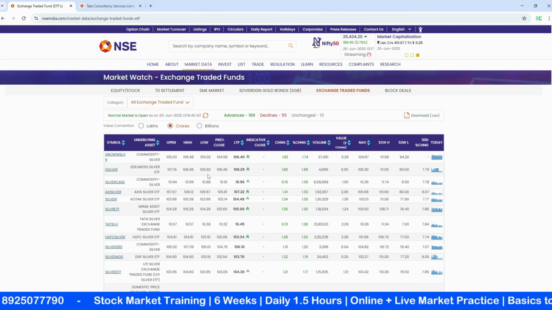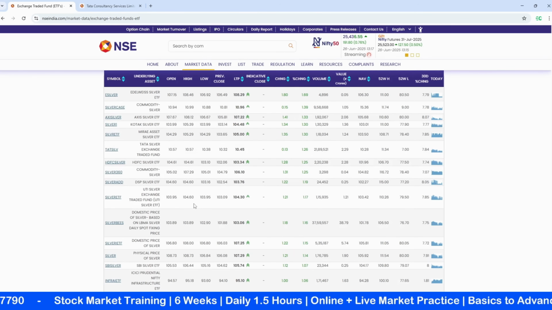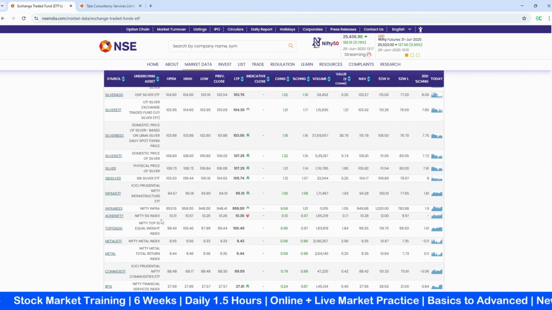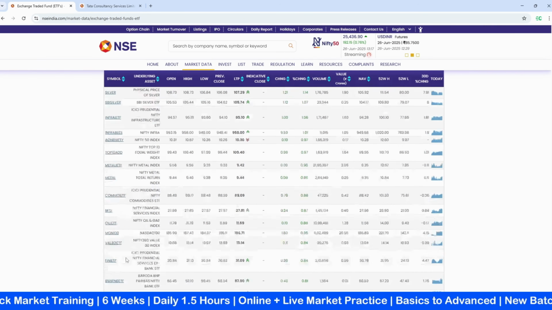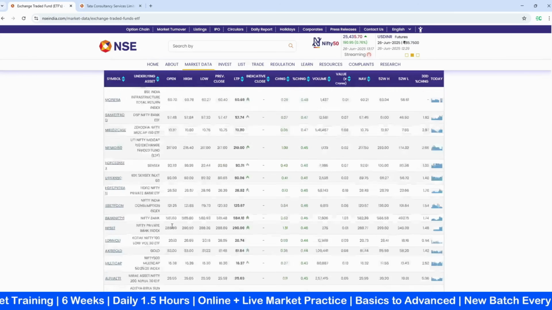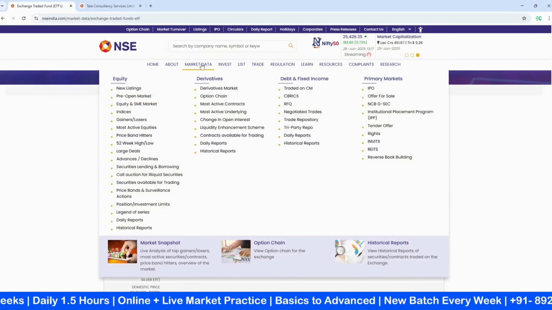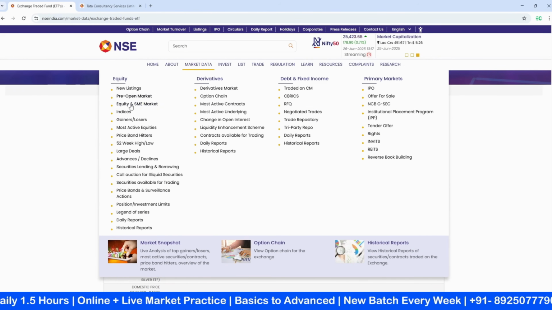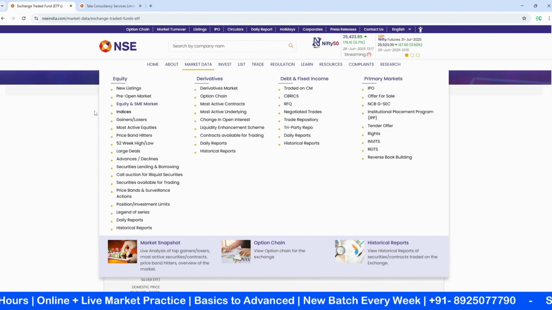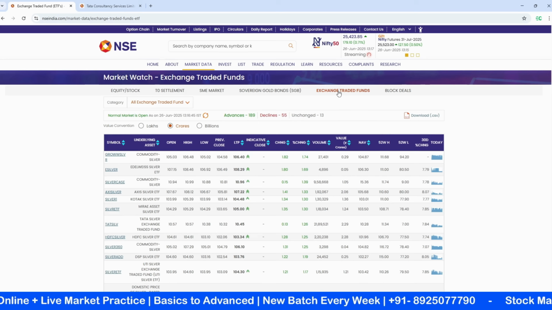Rather, you can buy a lot of ETFs specific to Nifty. We have a lot of ETFs available here. So this is accessible in one click by getting into market data, go to equity and go to equity SME market, and there you have on the right side exchange traded fund.